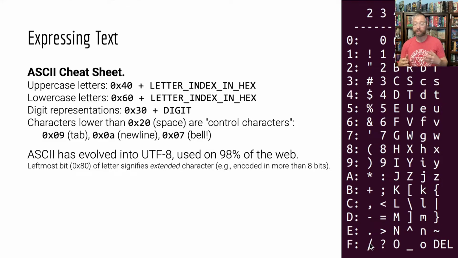ASCII is a kind of a neat way of expressing text, because you can memorize the base numbers where everything starts. So uppercase A is 41, lowercase a is 61. This is all in hex. 0 starts at hex 30, and then you increment up.